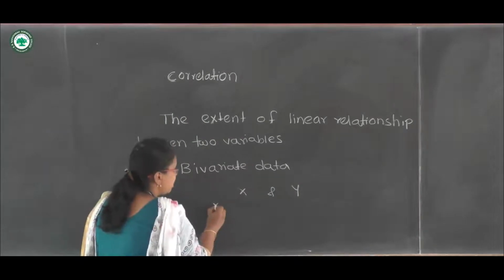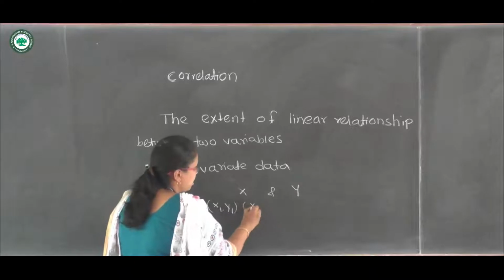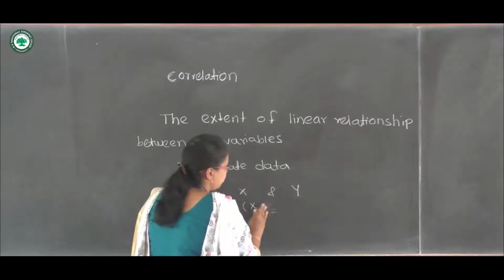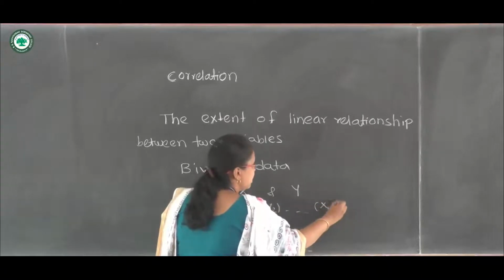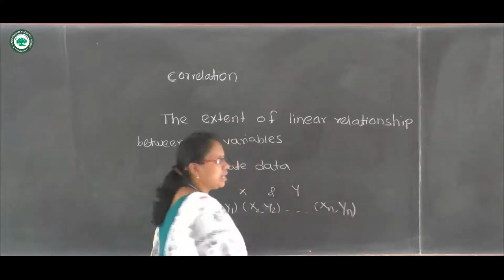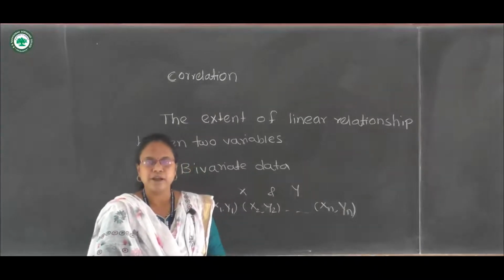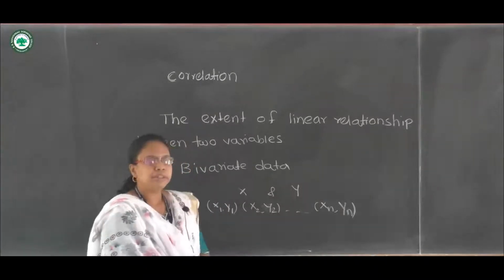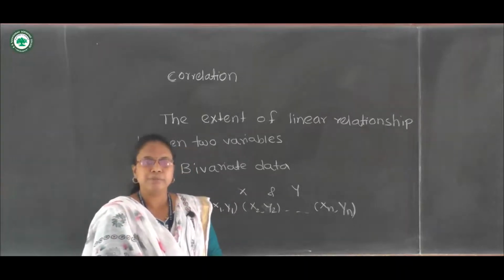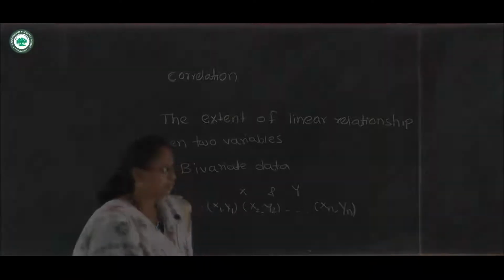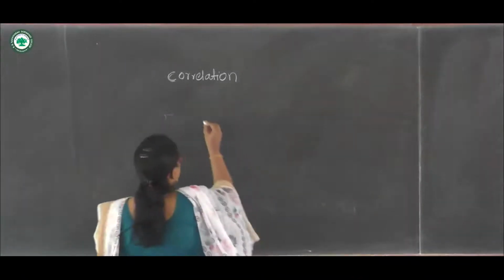So there are x1, y1, x2, y2, and so on, xn, yn. So there are n pairs of observations on x and y, and these are called the bivariate data, which we will use in obtaining the correlation. Now let us see the types of correlation.